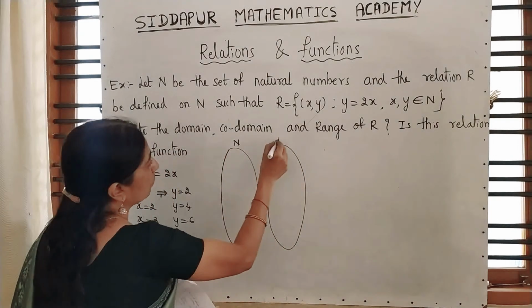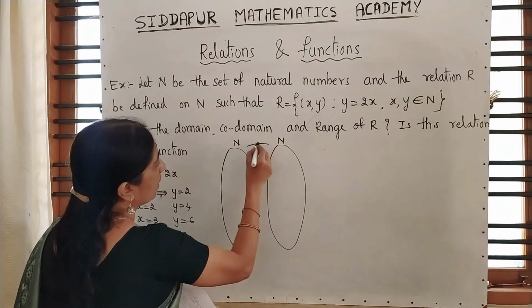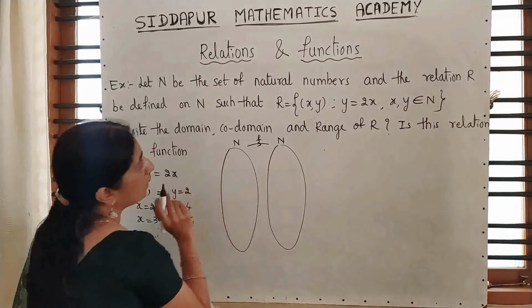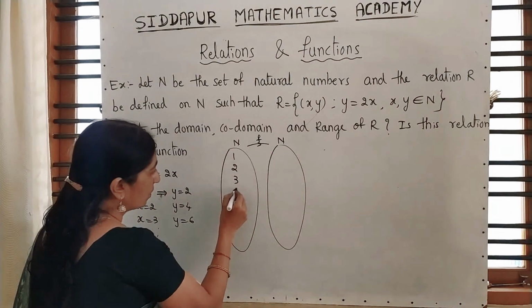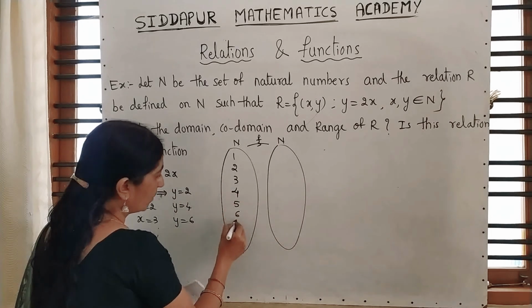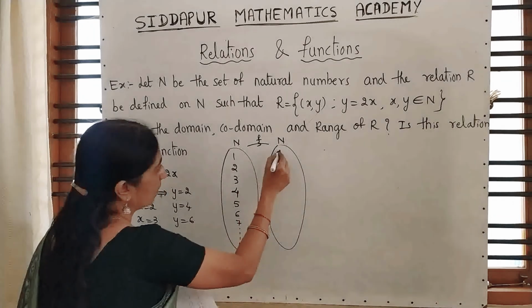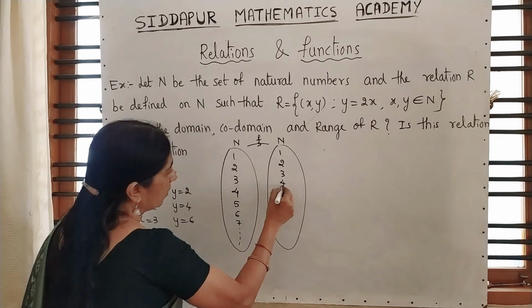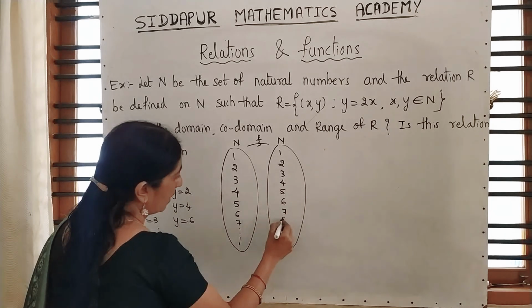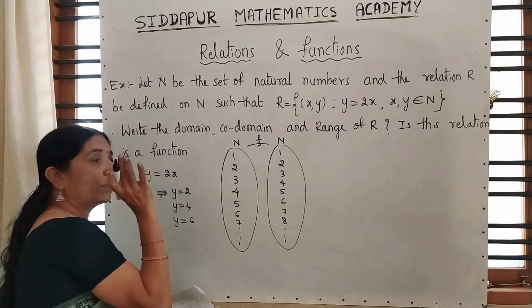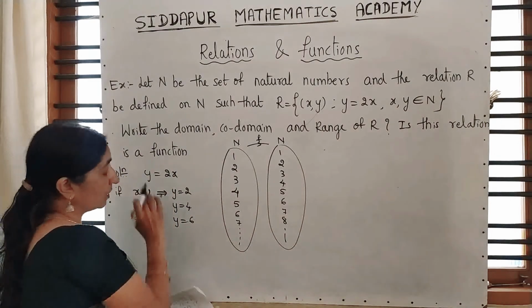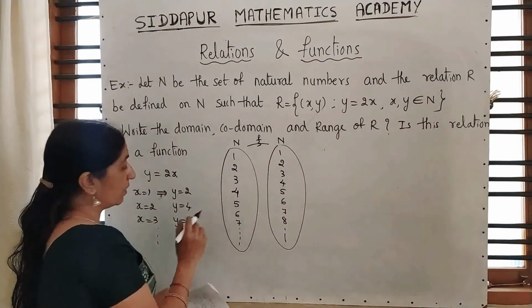The first set is also the set of natural numbers, the second is also the set of natural numbers. So the function is defined like this: 1, 2, 3, 4, 5, 6 goes on continuing, because the set of natural numbers is an infinite set. x is from the first set, y is from the second set.